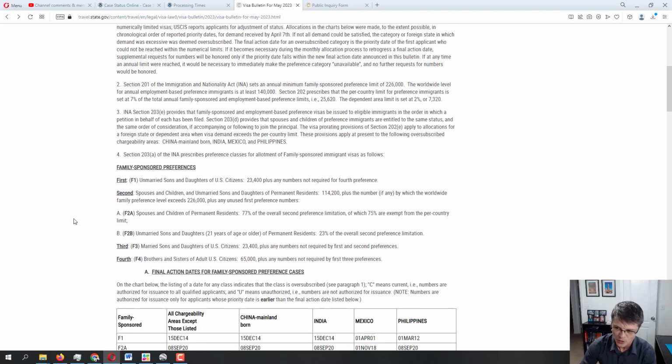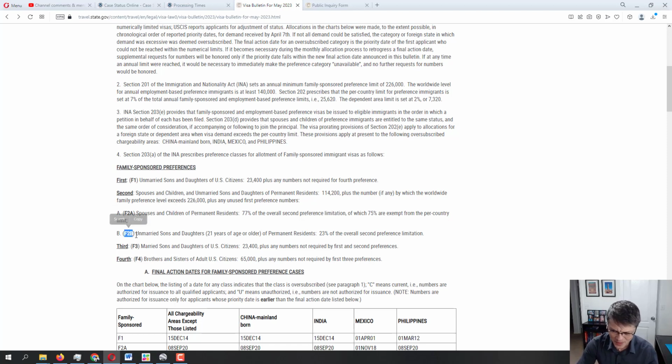So the first preference category is unmarried sons and daughters of US citizens over 21 years old. I don't know why they didn't put over 21 here, but it is for over 21. The second priority goes specifically to permanent residents who are petitioning for their spouses and children, in the F2A category, children being unmarried and under 21.